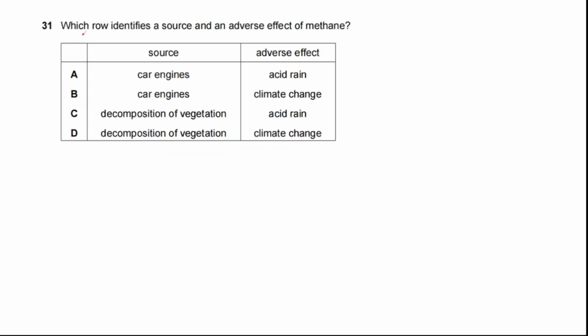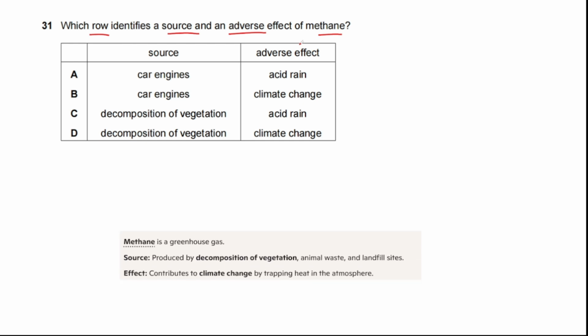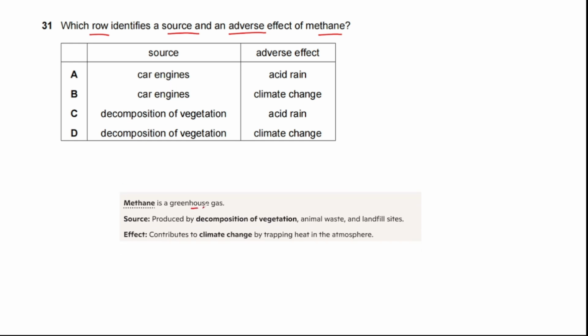Question number 31. Which row identifies a source and an adverse effect of methane? Methane is generally a greenhouse gas. The sources are basically the decomposition of vegetation, animal waste and landfill sites. From car engines, we get carbon dioxide, not methane.